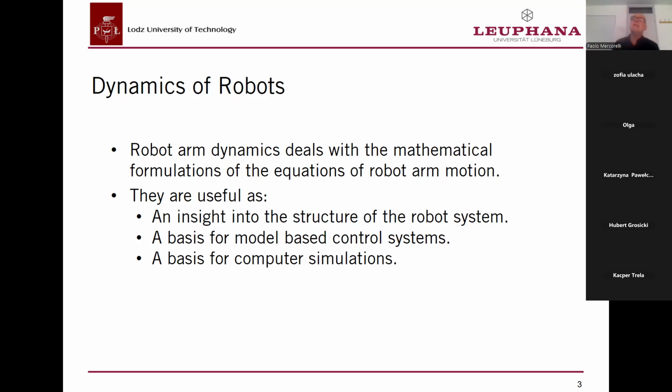Otherwise, we cannot monitor everything which happens or could happen during the movement, during the motion. And the motion is our goal. We can move or we can stay with the robots, or with the robot, if you have one, or some part of the robot.